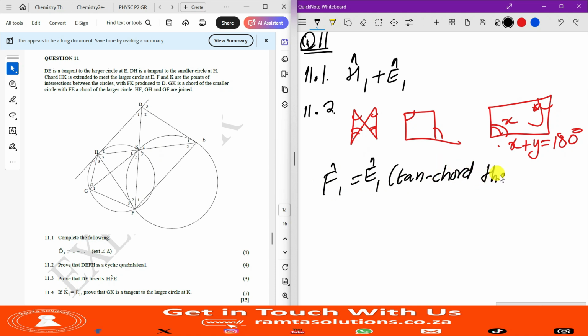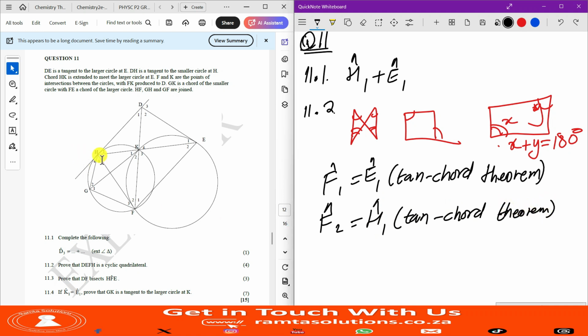Then I also see that angle F2, this one here, is equal to angle H1. Again, what's the reason? It is tan chord theorem.